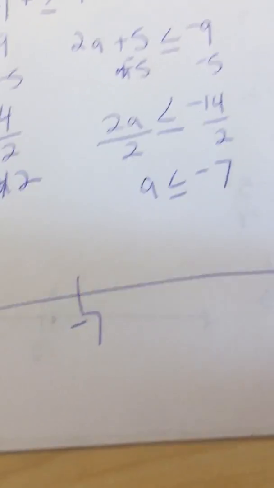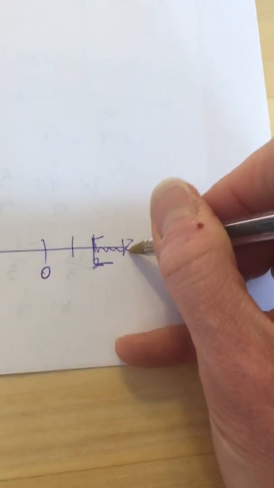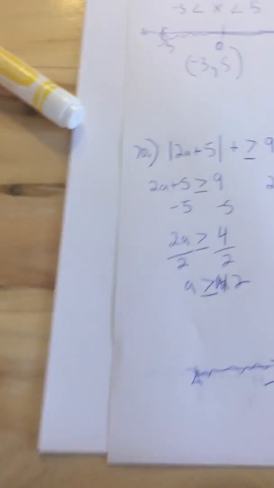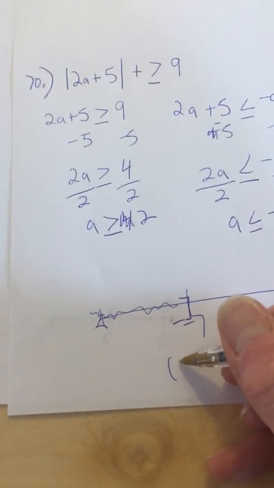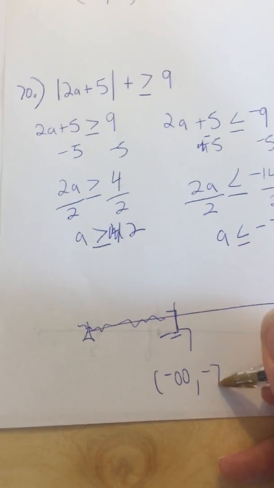So, oh, I forgot this. So I need my bracket. And it's going to be greater than positive 2 going this way. And then it's going to be a bracket. And a is going to be less than negative 7. So it's going to go that way. So it's going to be, really it's going to be negative infinity to negative 7.